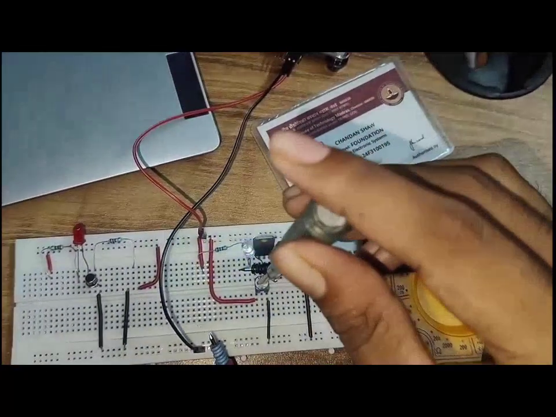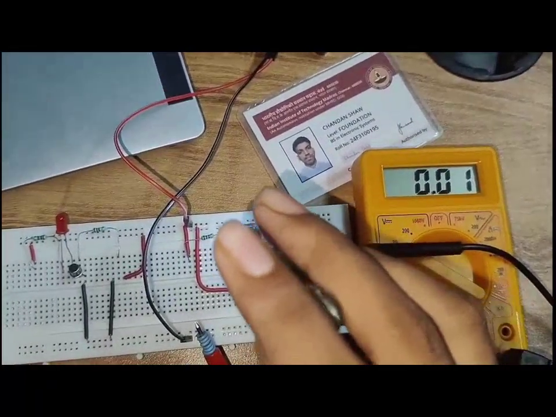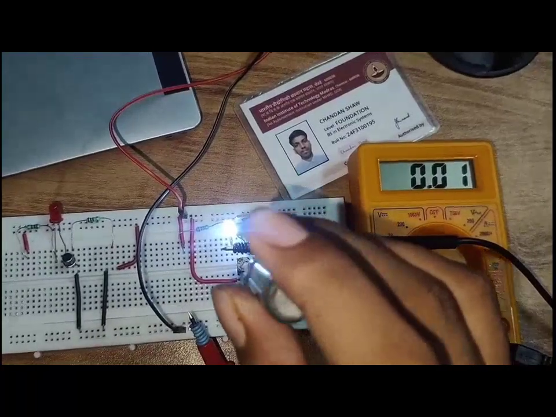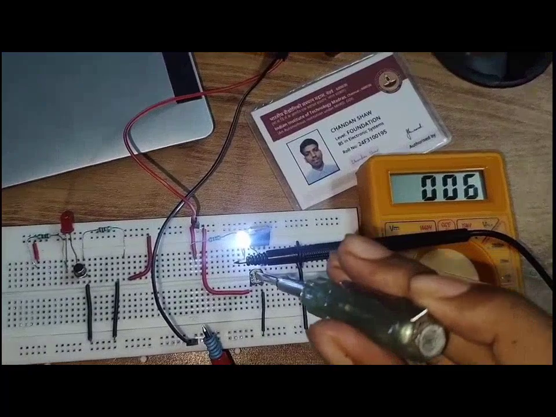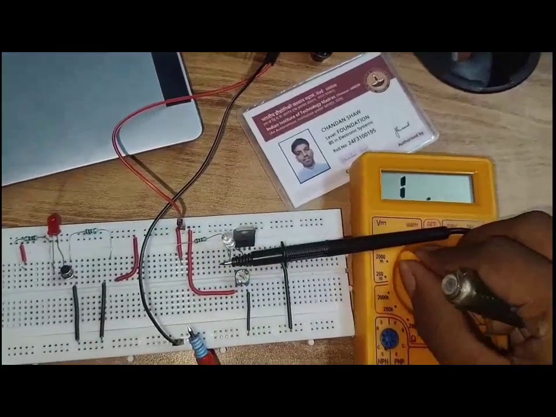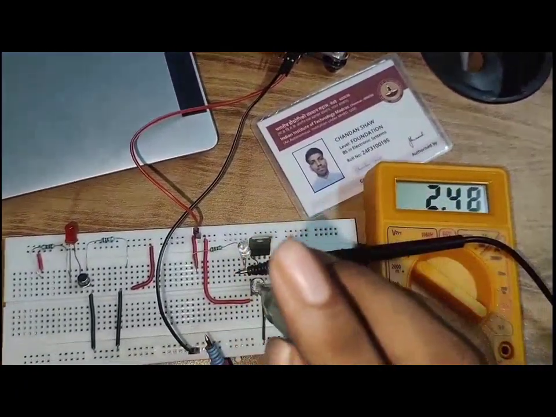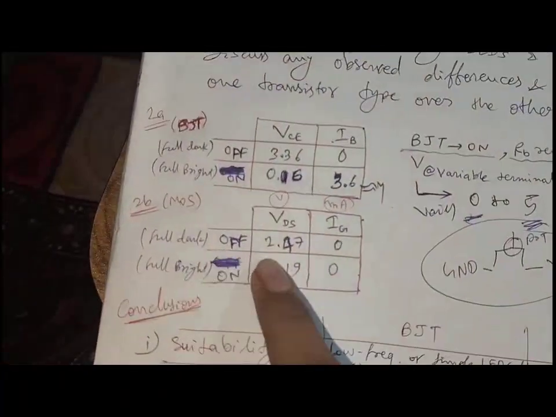Now you can see when I am changing the resistance, the LED is glowing, and off condition too. This is 0.06. In off condition this is 2.47. I already noted the value, you can see the 2.47 and 0.19 IG.